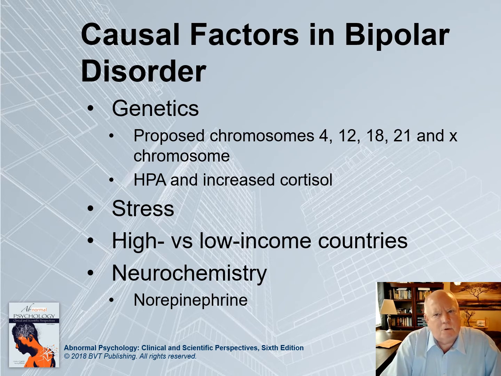Stress can help to trigger these disorders, just as it can in major depression. And we know that there's a difference between high and low income individuals and countries with high and low income in terms of the risk for bipolar disorder.